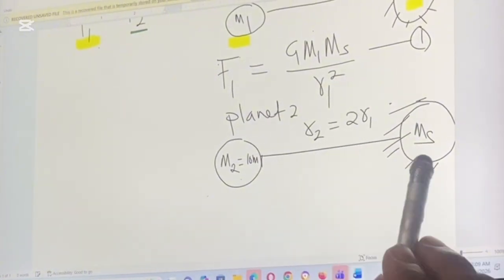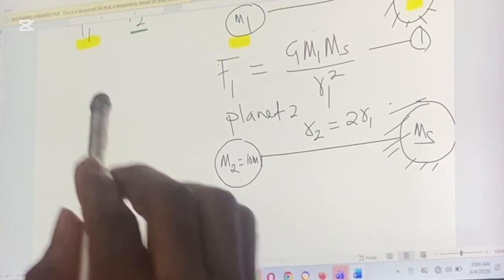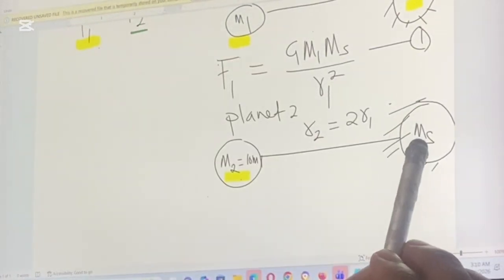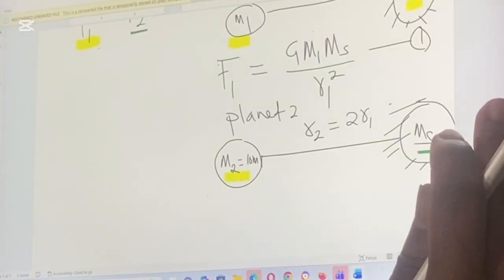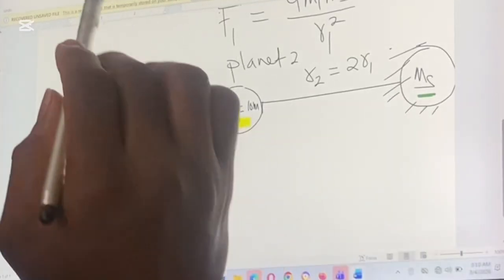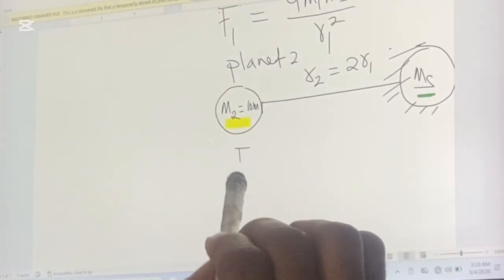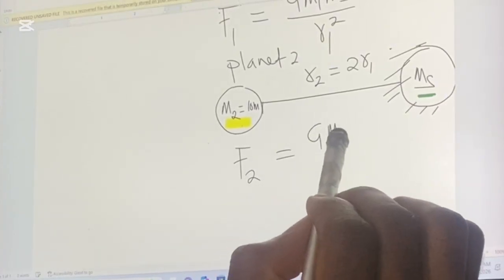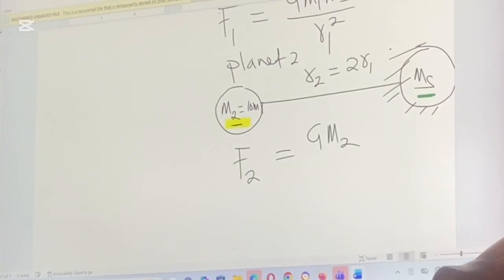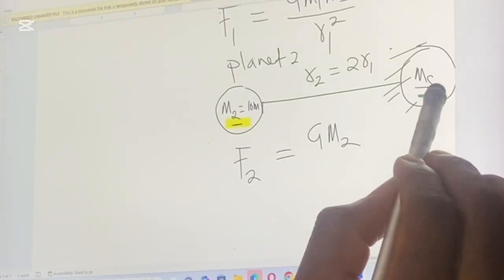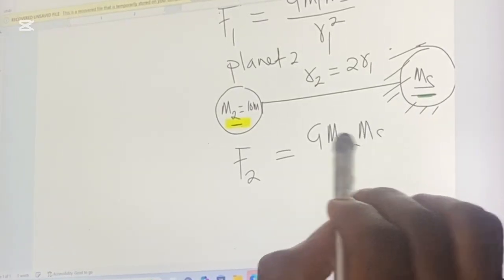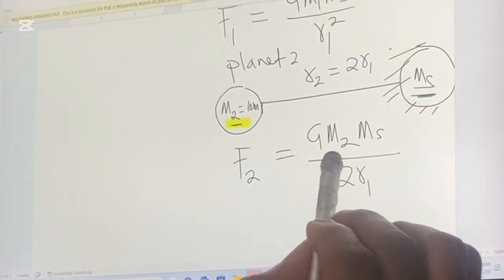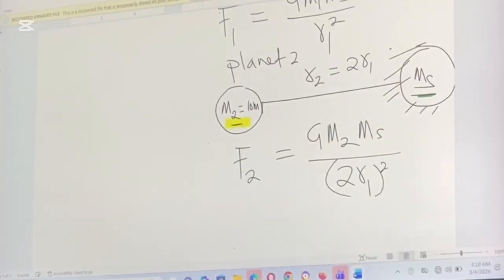So let's find the force between the two masses, that is M2 and the mass of the sun. When you do that, our F2 will be equal to G M2, that is this first mass here. The second mass will be M sun over the distance, which is 2 r1 squared.